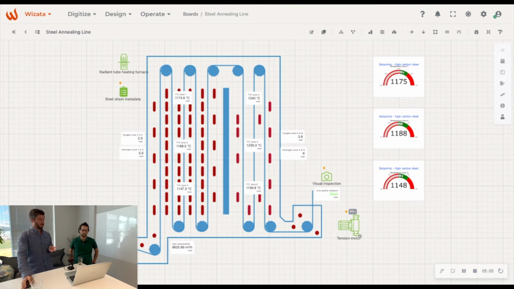To do that, we need data about the process itself. We have data about the steel itself, so we have metadata, like the chemical composition of the steel, because it obviously has a big impact on what you can do with it. You have all these temperature set points. You have the gaseous atmosphere measures. You have the gas flow that is currently injected in the system for combustion to generate the heat.